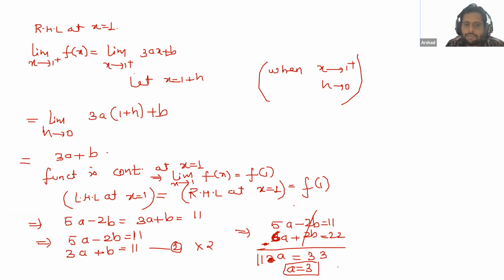So LHL is this, RHL this, and this is equal to f(1). So we get the two equations here, and we have solved these two equations. Please note down this, Josefa, and let me know if you have any doubt and confirm once you complete this slide.